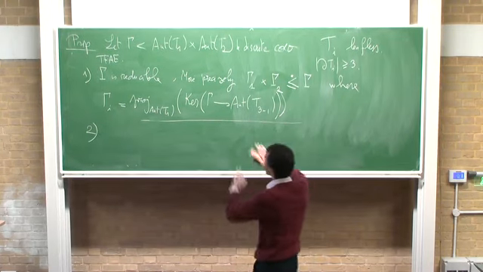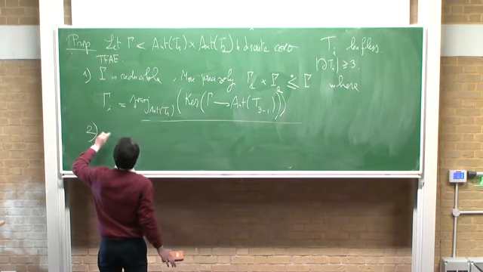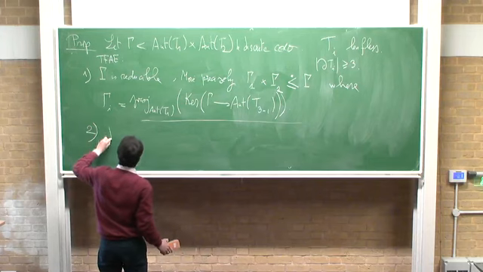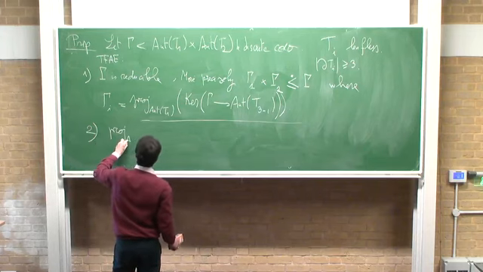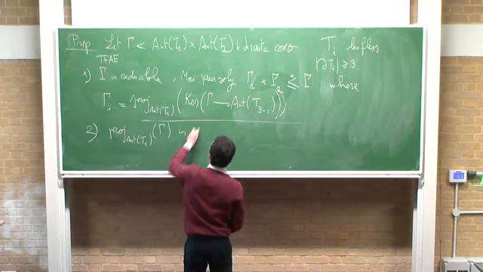Gamma is virtually a product of lattices in the individual factors. The second assertion is that the projection on the first factor of gamma is discrete.